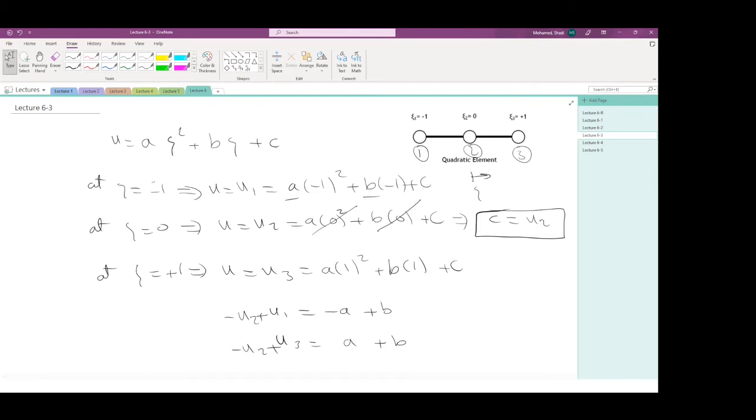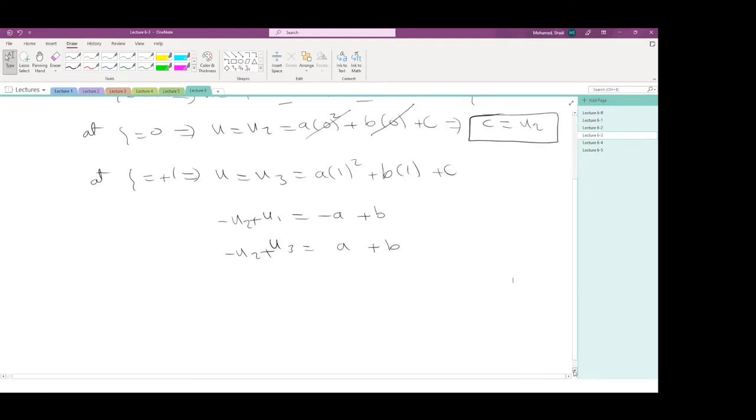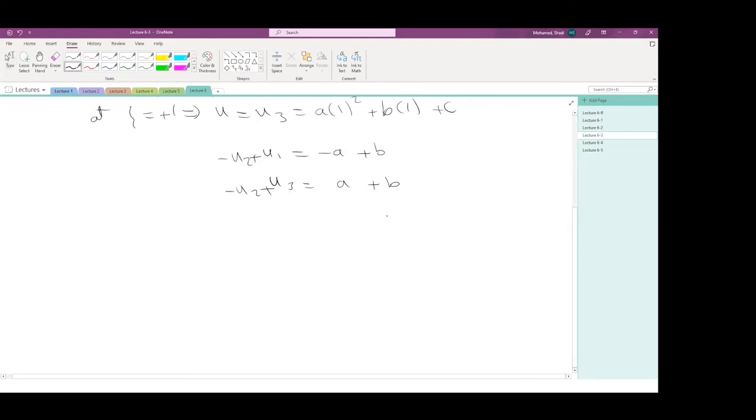Okay, so I have two equations with two unknowns. The equations are relatively simple, should be easy to solve. Okay, so first I add the two equations together, we'll cancel the A, and I will be left with B. So I have U1 minus 2 U2 plus U3 is equal to 2B.